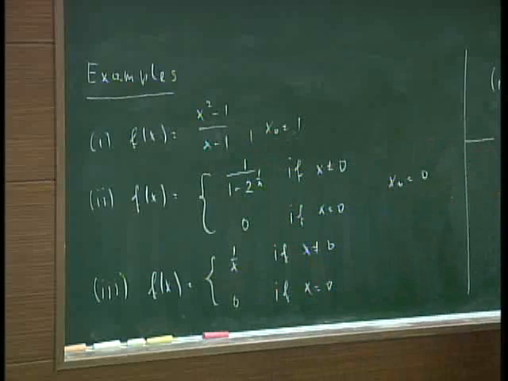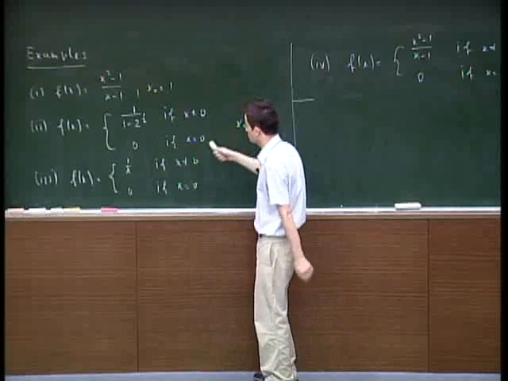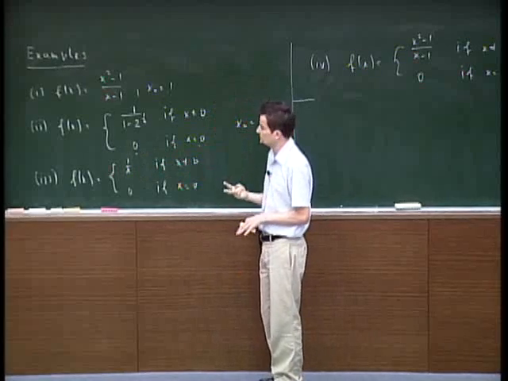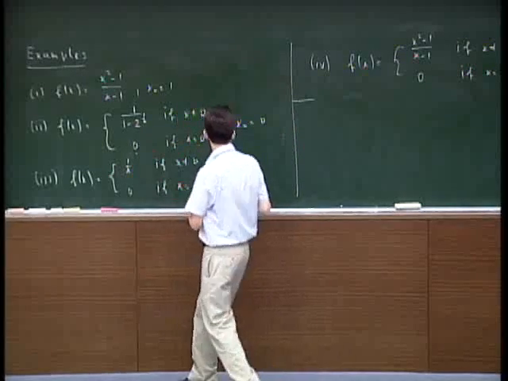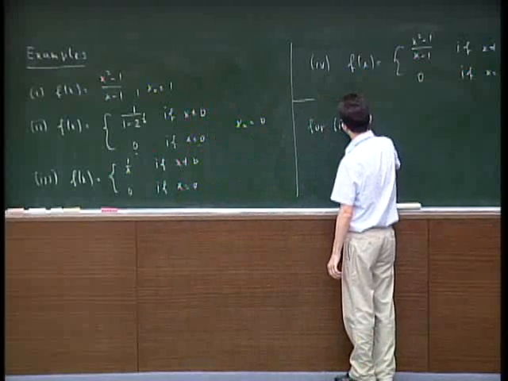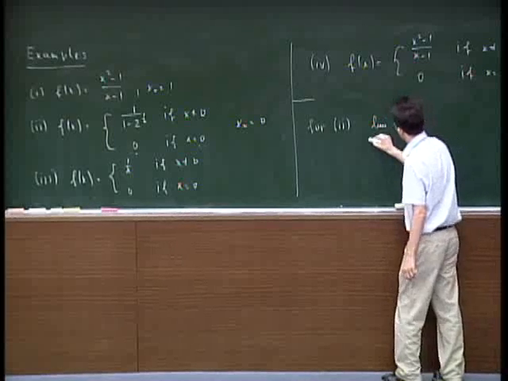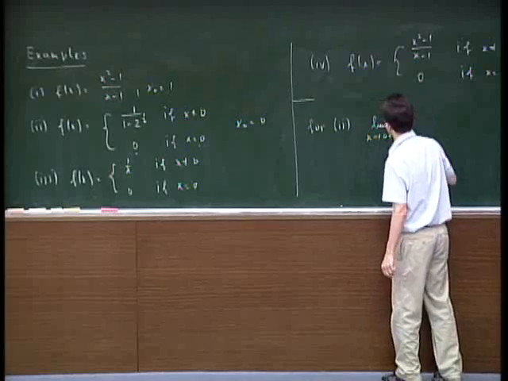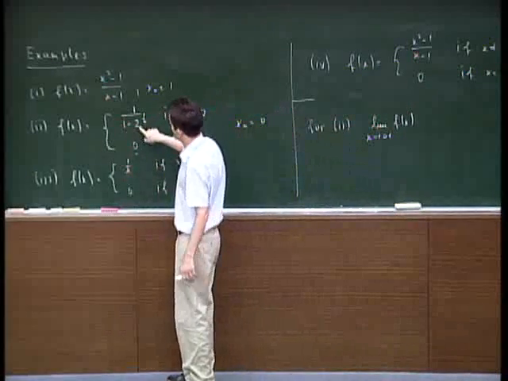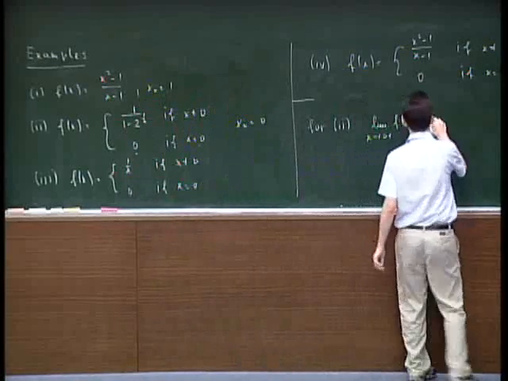Now, for this function here, we do not have the problem that the function is not defined, because the function is defined. So we have to check now whether the limit exists. Here, the limit of f of x as x tends to 0 from the right: 1 over x is getting larger and larger, and 2 to a large power is getting larger and larger, so what you get is 0.